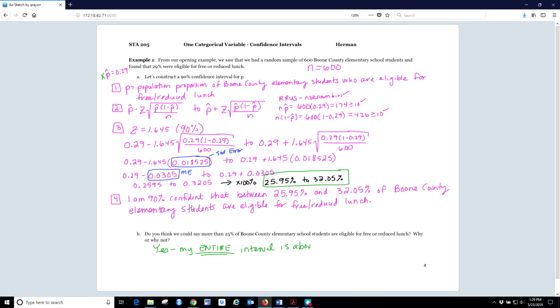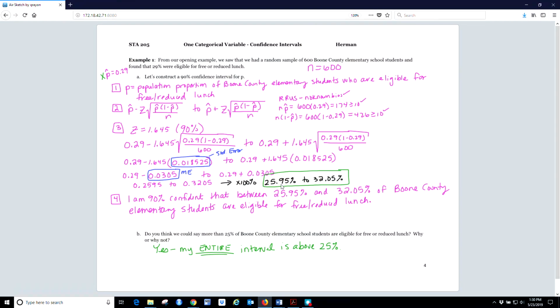So when would I not say that's true? If any of my interval is below 25%, my answer would have to be no. Even if this was 24.95%, right? That's really, really close to that 25%. But if any of that interval goes below it, I can't say it, because I don't trust one number in this interval any more than any other. So all of these numbers are just as likely in my mind to be P as any other.